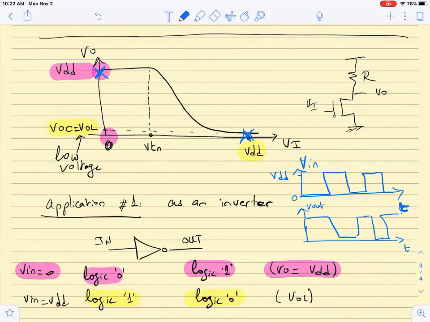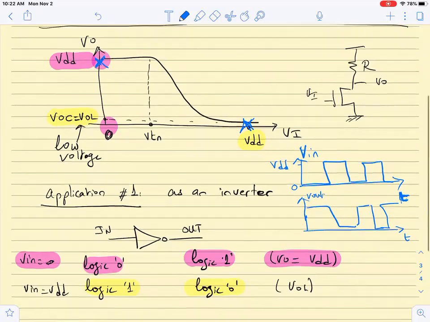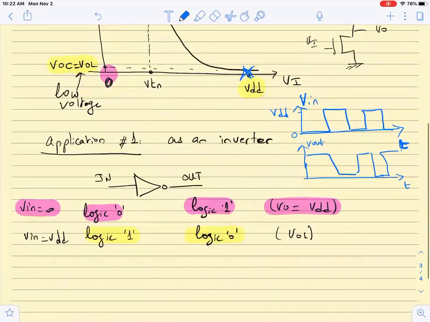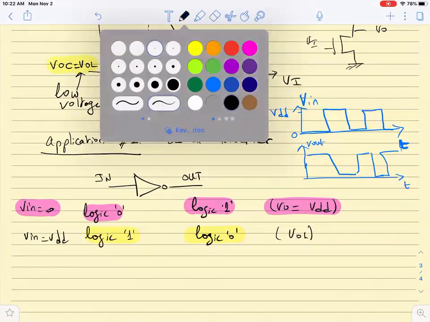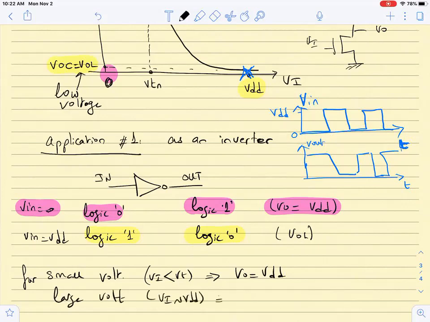Okay, so great. I can operate between high and low, send a signal that changes quickly between high and low, and create an inverter. Basically, if we want to write this down: for small voltages, when Vn is less than Vt, Vo is VDD, and for large voltages, when Vn is close to VDD, the output is very small.